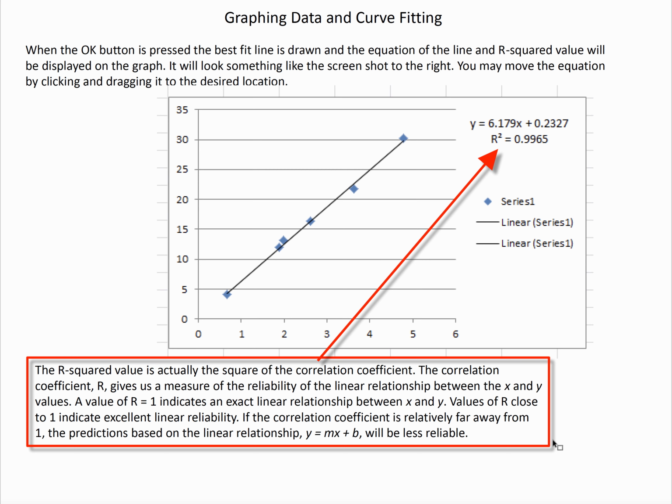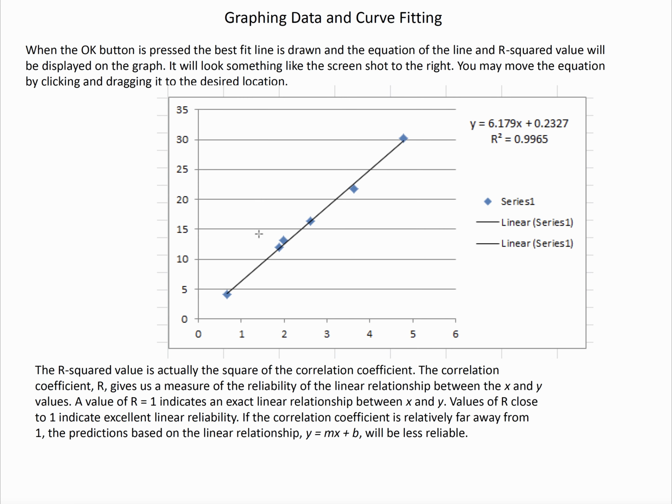Values of R close to 1 indicate excellent linear reliability. If the correlation coefficient is relatively far away from 1, then the predictions based on that linear relationship, y equals mx plus b, will be less reliable. If it's way far away, you should notice your points not lying very close to your trend line or your best fit line.